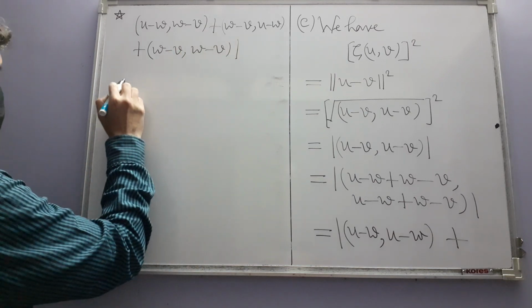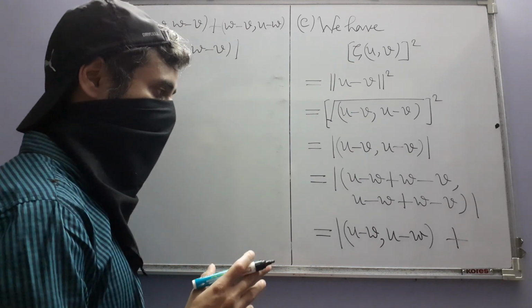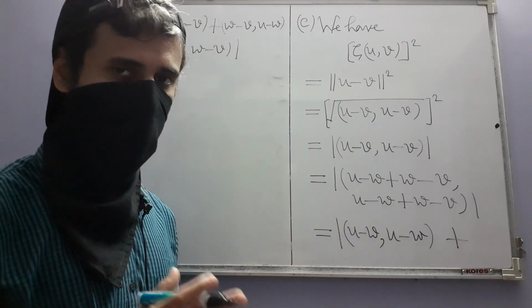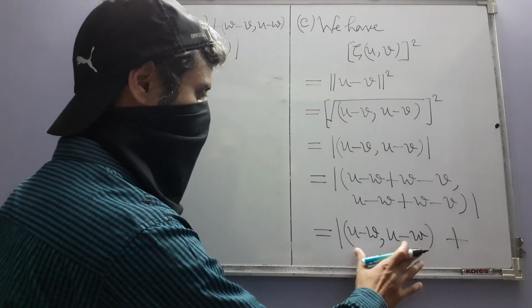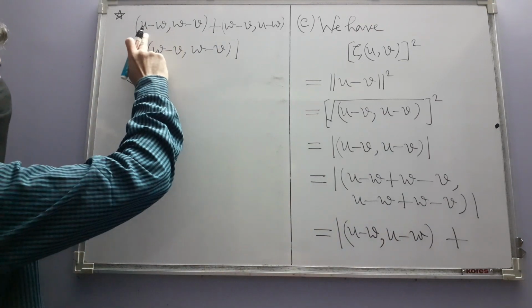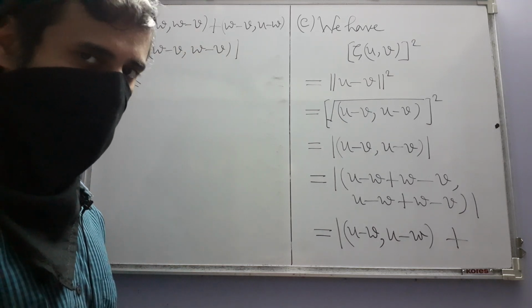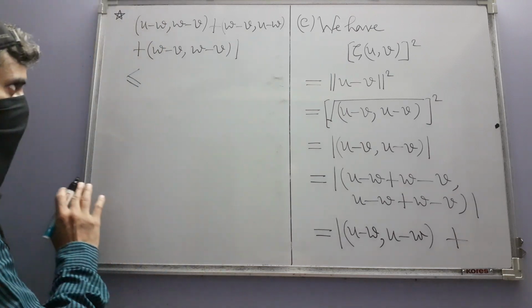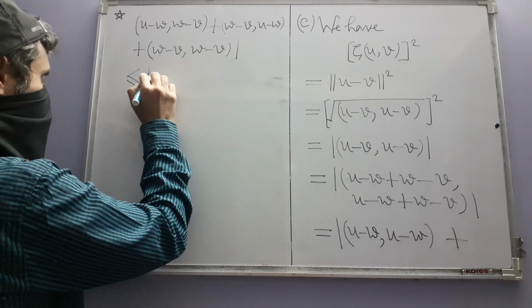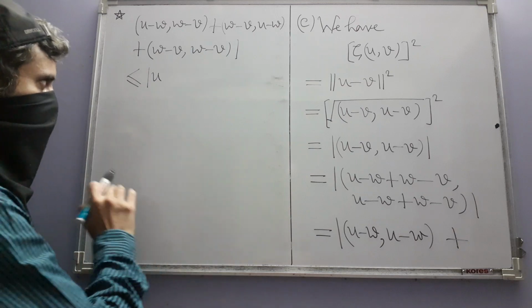And now in the next step we use triangle inequality. But triangle inequality in the system of real numbers or complex numbers, because we know that these inner products, well, not this one, but this one, may in general be a complex number. But there also we have the ordinary triangle inequality. So its extended version we can use and write next this. That is, with the inner products, we individually take absolute value.